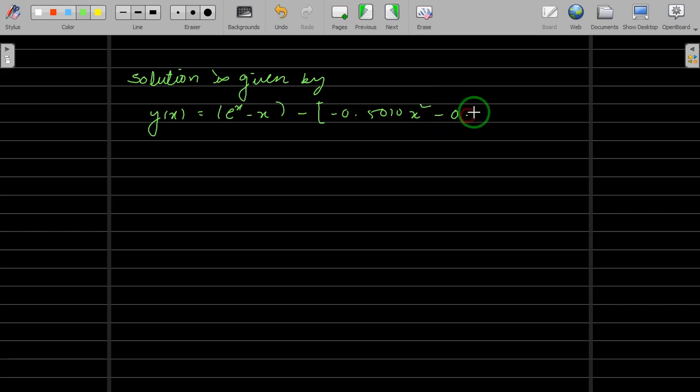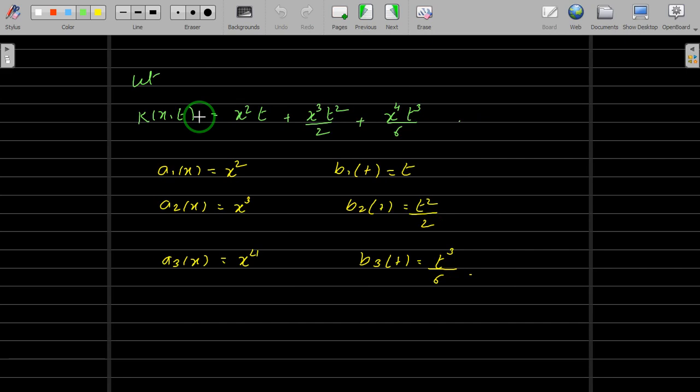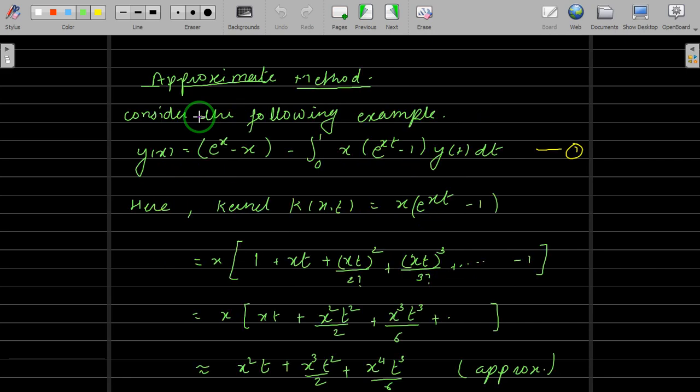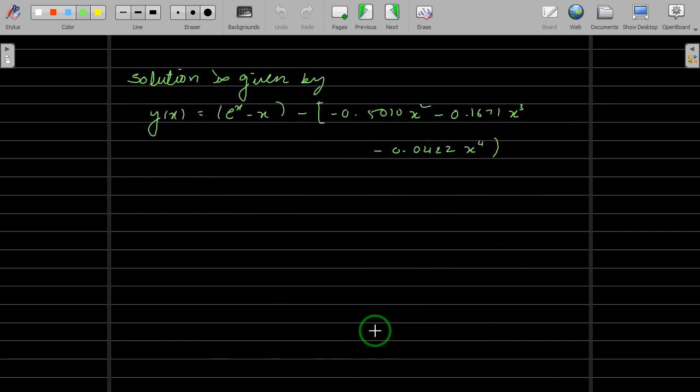Again, these values may be with some errors, you verify them. x cube minus 0.0422 x raised to 4. And again we say that this is just an approximate solution, not the exact solution, because you have not used all the terms of the kernel. We have used only first 3 terms of that infinite series. There are infinitely many terms in the expansion. So this will be your approximate solution, not the exact solution.